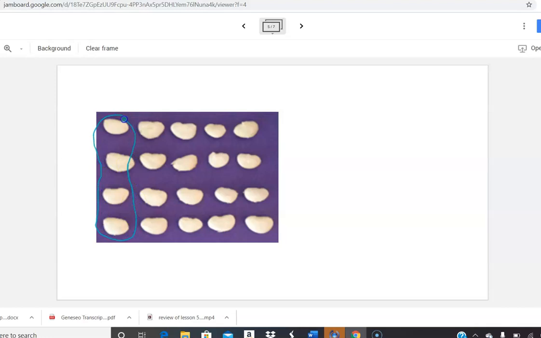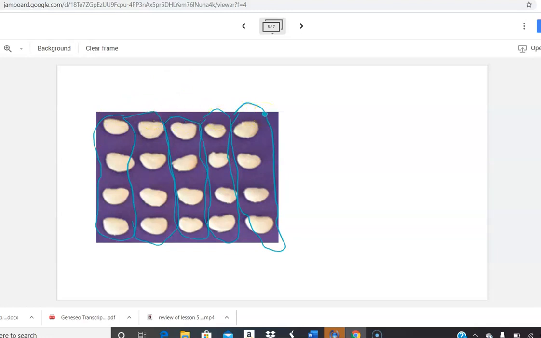1, 2, 3, 4, 5. There are 5 columns. 1, 2, 3, 4, 5.